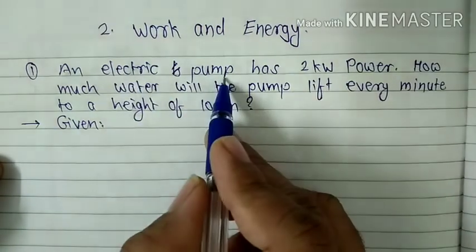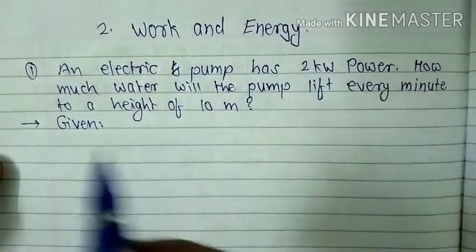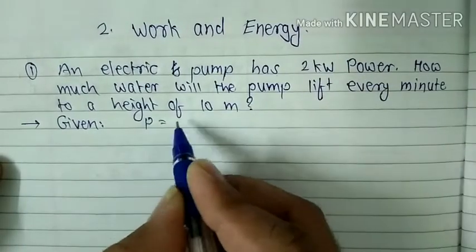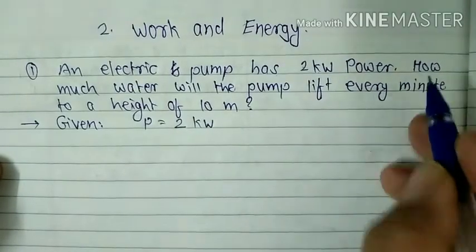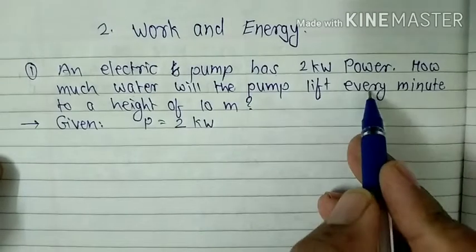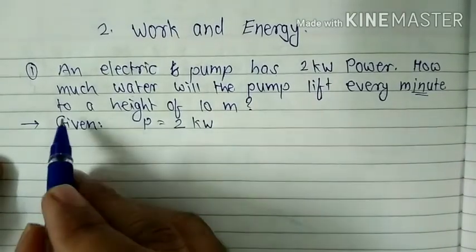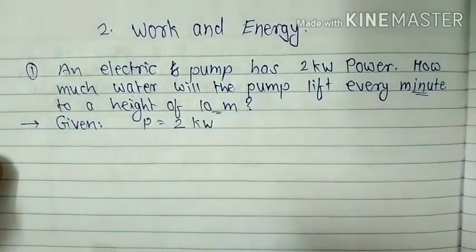An electric pump has 2 kilowatt power. Given that power is equal to 2 kilowatt, how much water will the pump lift every minute to a height of 10 meter?